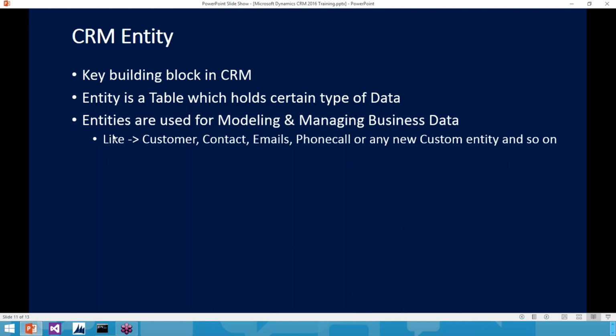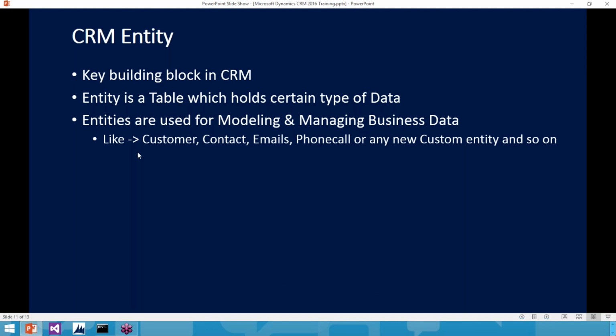For example, what kind of entities do we have out of box in CRM? Out of box is a terminology we use in CRM for everything that comes out of CRM as is. So when you buy a CRM system on day one, you will get close to 120 tables. That's all built in for you, ready to go.